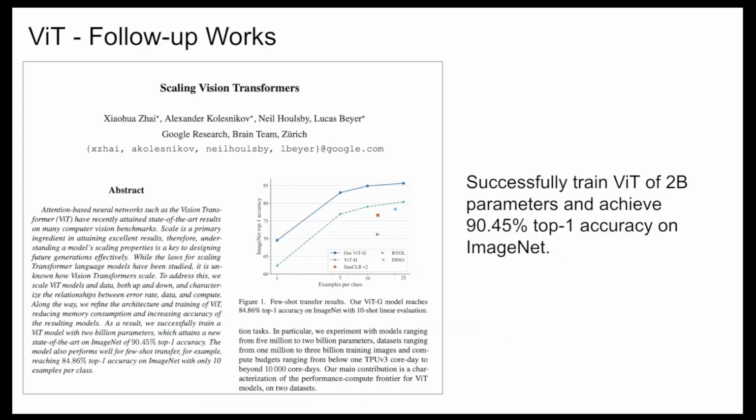So now let's look at some follow-up works related to ViT. The first paper, which followed the Vision Transformer paper, is called Scaling Vision Transformers. In this paper, they successfully trained a ViT of 2 billion parameters and achieved 90.45% top-one accuracy on ImageNet.